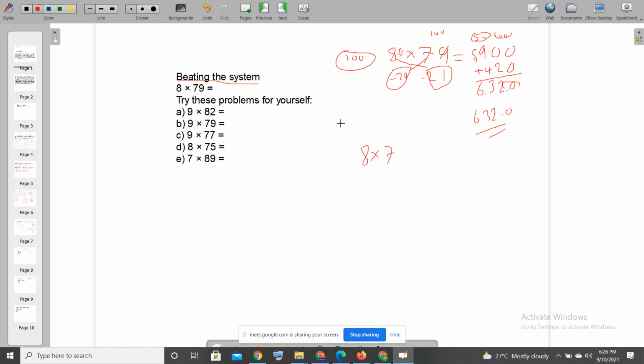We want to check our answer. We want to see whether we are correct. Okay, so now here too I'll check. 6 plus 3 is 9, so I can cancel these 2 out, right? So now here I'm having 2 here, so I want to see from here. So 8 times 7 is what?